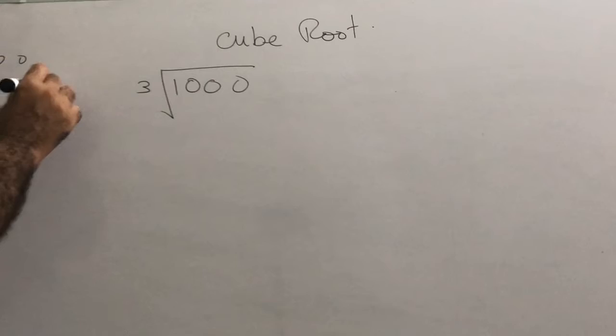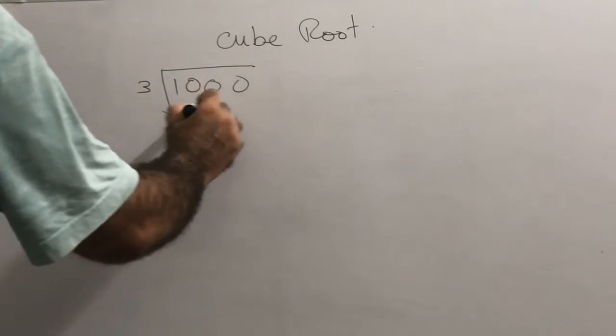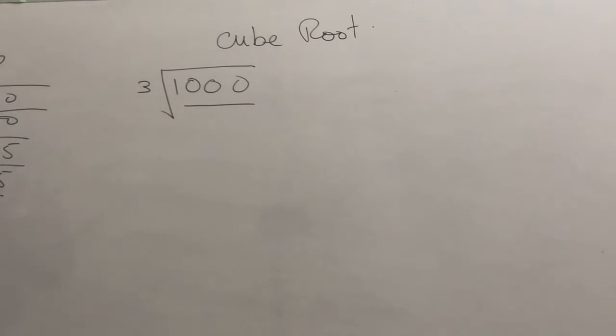If we start from 2, it will be a long story. 2 5s are 10, 0 0, then 250, then 125, then 5 5s are 25.